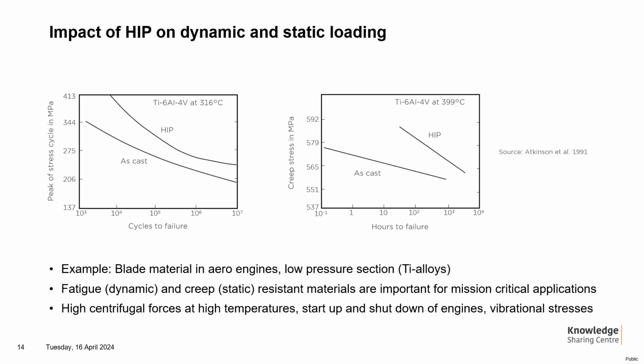And what we can see is a significant improvement in the lifetime of our parts after a HIP treatment. We have generated a really stress-resistant material with improved lifetime, where crack initiation is much more difficult. But most importantly, we have also predictable properties now, because scatter is much more reduced when a number of parts is being tested.